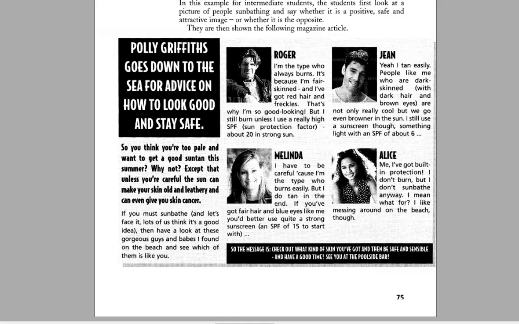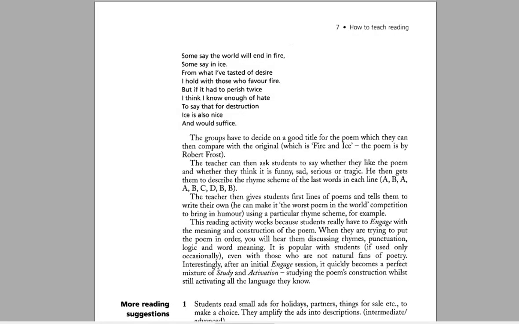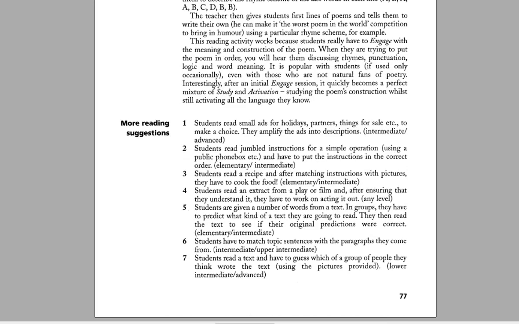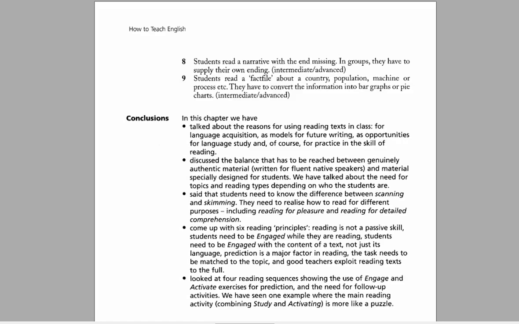This is an example here: more reading suggestions, some suggestions for intermediate and elementary levels. Here students can use symbols or instruction operations. This is for elementary. For advanced, students read the text and have to guess which group of people they think wrote the text, using the pictures provided.